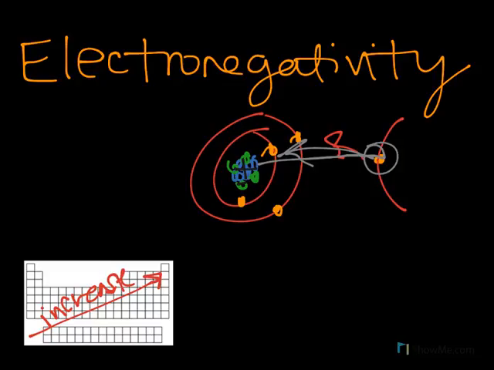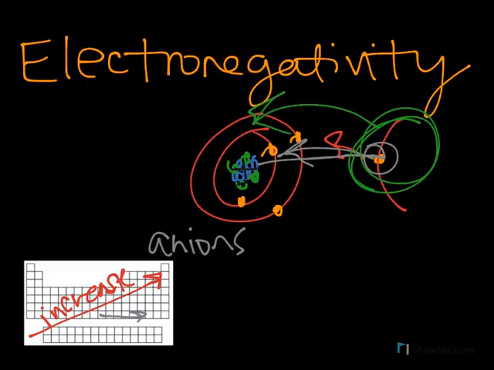The reason for this is that as you go this way on the periodic table, as you go from left to right, you're suddenly starting to begin to form anions. Well, if you're an anion, that means you want to gain electrons. Well, if you want to gain electrons, that must mean that you are working overtime to get this guy over here, because you want to gain electrons.